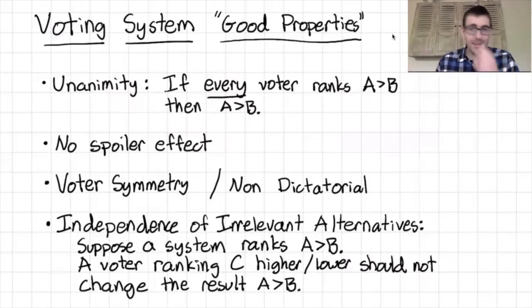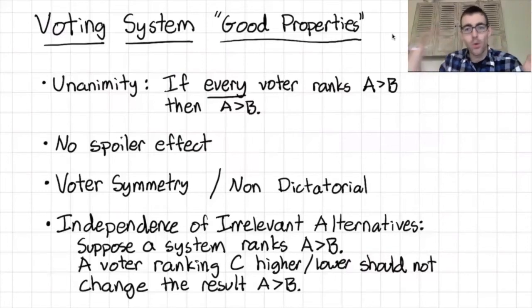Another property is that it would be great if all votes were counted the same, or that there was some symmetry, that if we just switched who was casting which vote, we would end up with the same result. So a weaker version of the statement is just that, at the very least, we don't want this to be a dictatorship. A dictatorship is a voting system where one person casts their vote and everyone else can also cast their votes, but the voting system is only listening to that dictator.